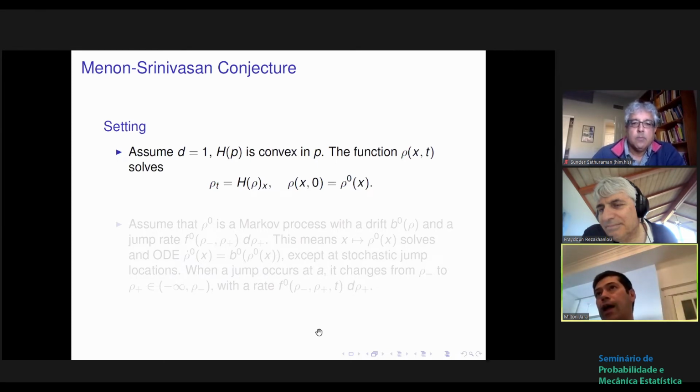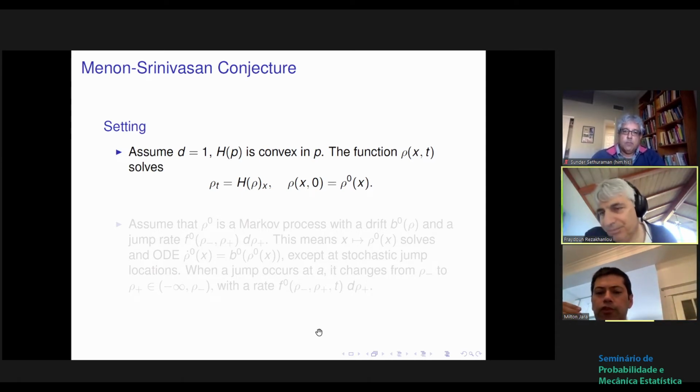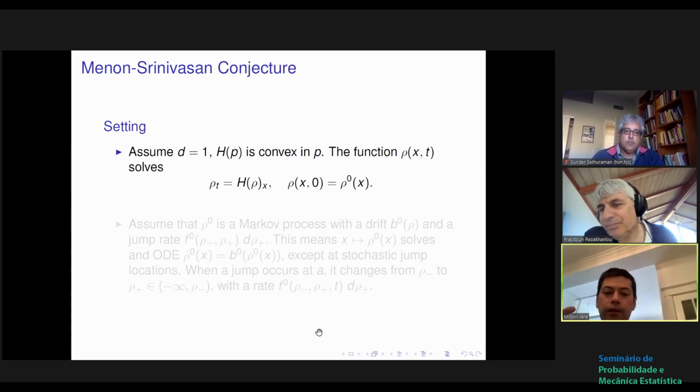So you fix time and look at this level line, and if you run this process from left to right, you see a Markov process. Yes. But you also have a Markov process in time, because it's just an evolution, right? Yeah, that's true. Is this somehow related to the stuff they do, which is also related to KPZ, about interlaced Markov processes?